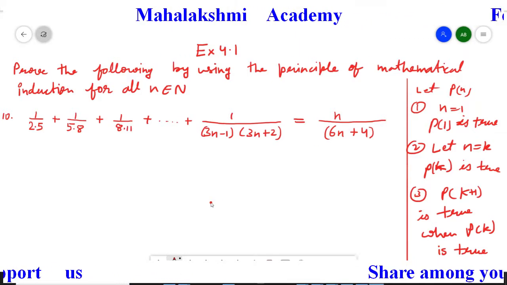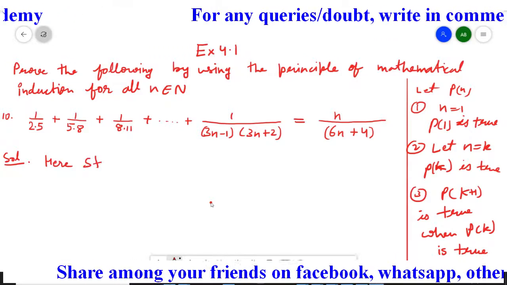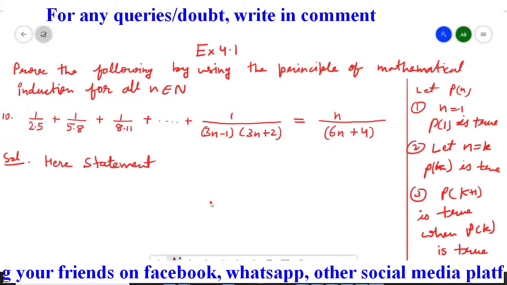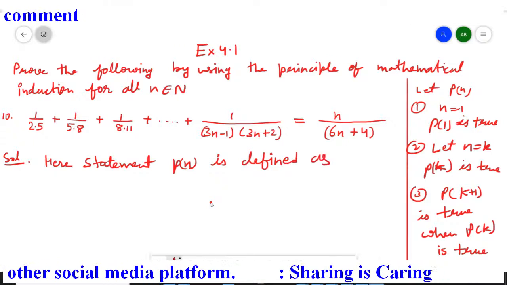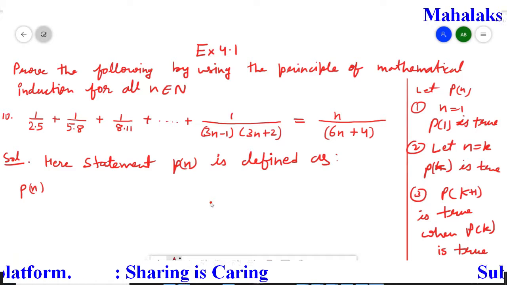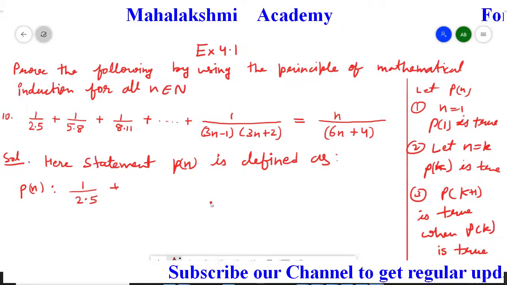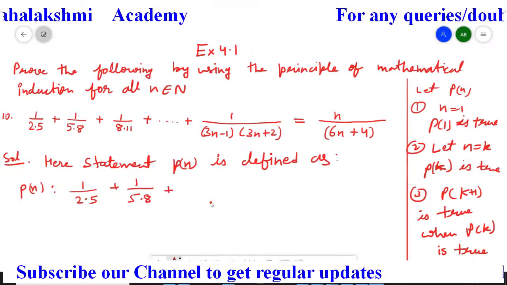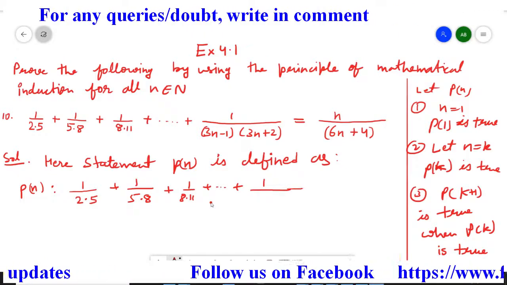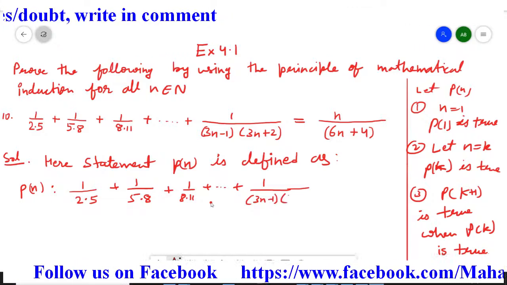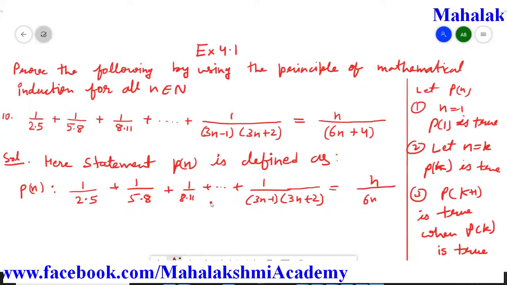So the Pn statement is defined as whatever the mathematical statement is: 1 upon 2.5, that is 2 multiplied by 5, plus 1 upon 5.8 plus 1 upon 8.11, and it extends up to 1 divided by bracket 3n minus 1, then bracket 3n plus 2, equal to n upon 6n plus 4.